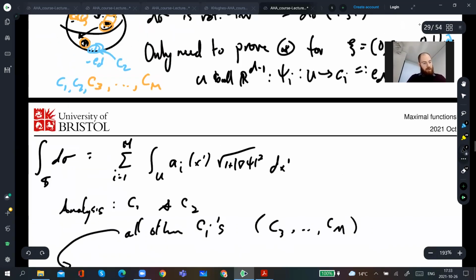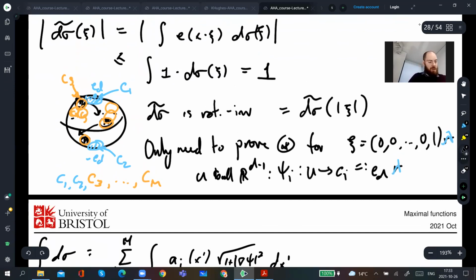Now, looking at my picture, I have my blue ball, and these orange ones overlap it. But I'm going to assume that they overlap it in a way that I can actually carve out a smaller ball around the North Pole and the South Pole, such that the orange balls don't intersect that ball at all.